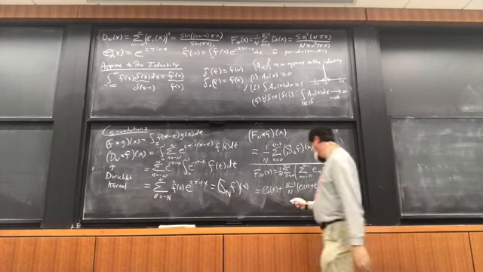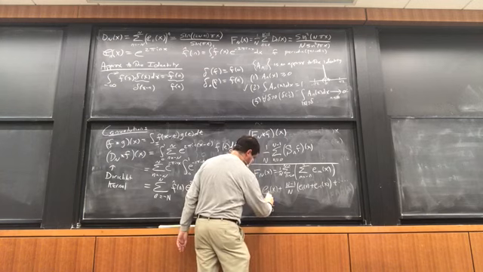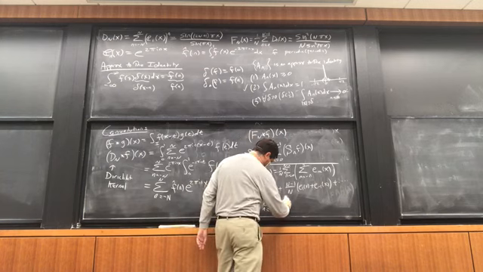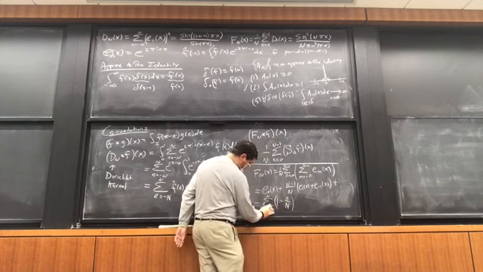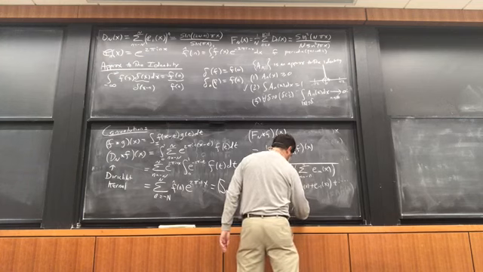So this is going to be the same as the sum, little n goes from 0 to big N, of 1 minus little n over N, times the sum as n goes from minus N to N of e to the 2 pi i n x.